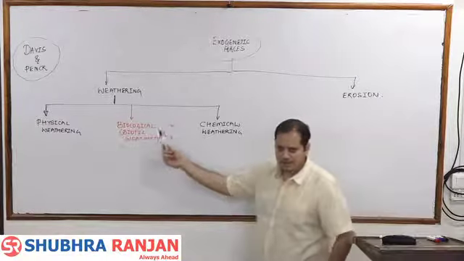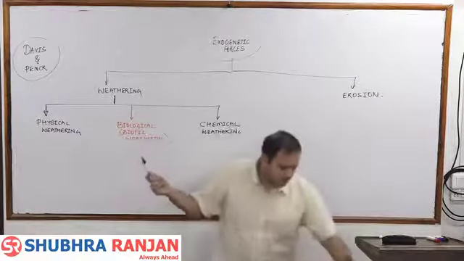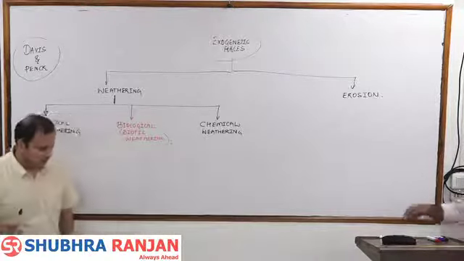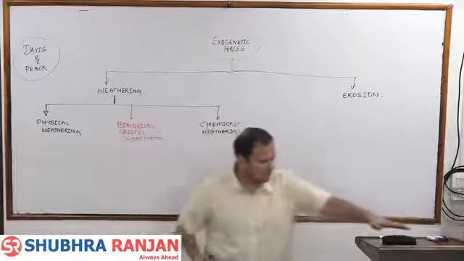Biotic weathering can be chemical, biotic weathering can be physical, and this biotic weathering is done by the flora and fauna of a region.